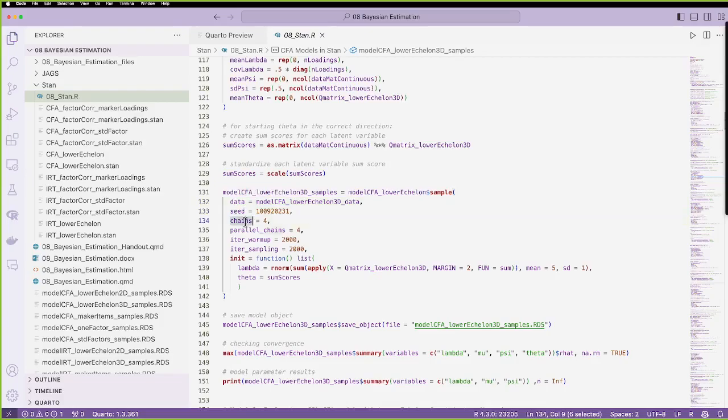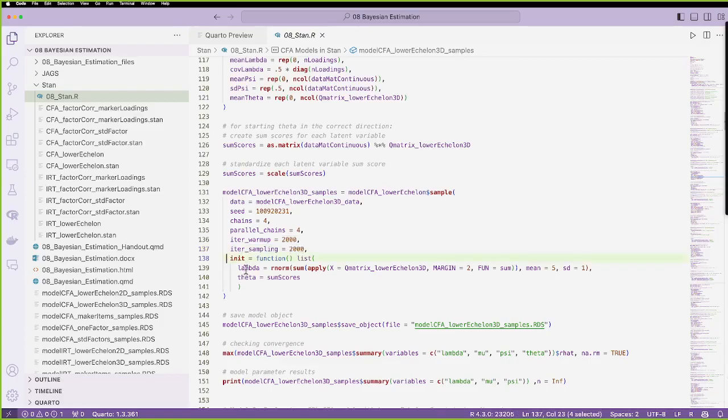I'm doing 4 because they're all supposed to converge to the same point. They're going to run in parallel if I do it correctly. We'll have 2,000 iterations that'll be what's called warm-up. So basically that's running the Markov chain to try to get to a posterior distribution that's close to where the steady state of the chain is. And then after those 2,000, we take the final 2,000 as samples. So each chain, we get 2,000 estimates for every parameter.